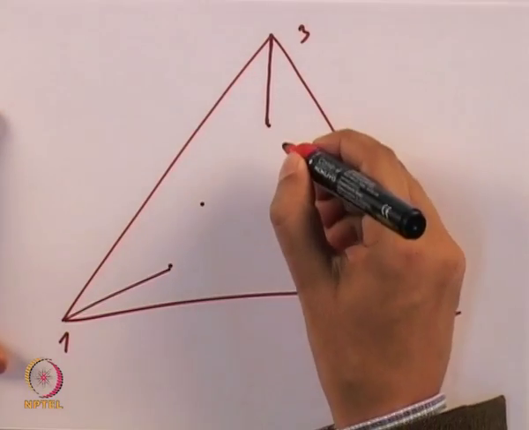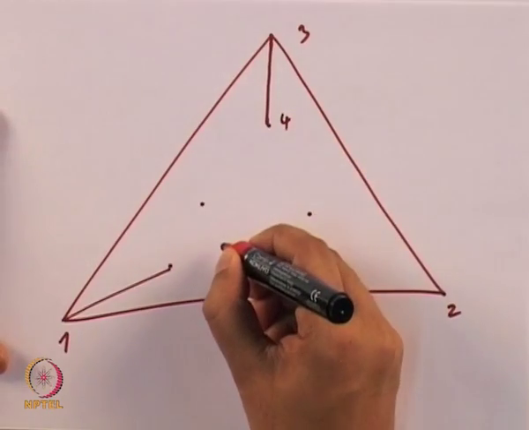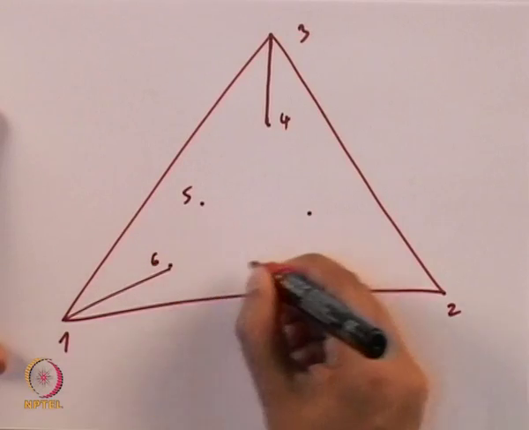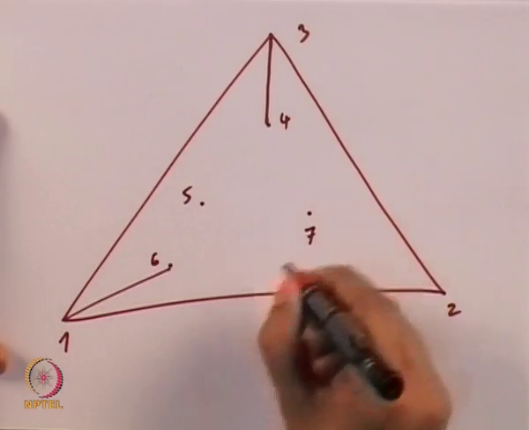So let me number them before I forget. So this is the fourth node, this is the fifth node, this is the sixth node, this is the seventh node.